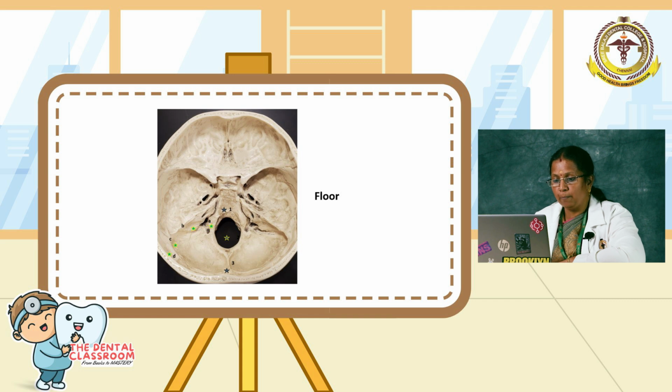The floor is formed by a slope anterior to the foramen magnum, which we call the clivus. This clivus is related to structures like the pons and medulla as well as the basilar plexus of veins. Still more behind, in the midline, is the foramen magnum.